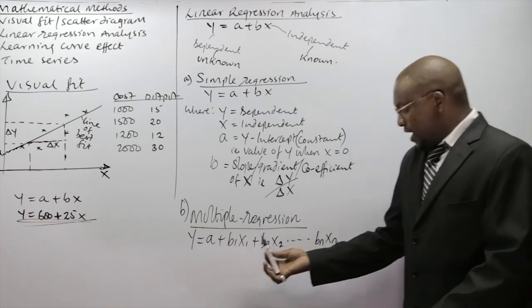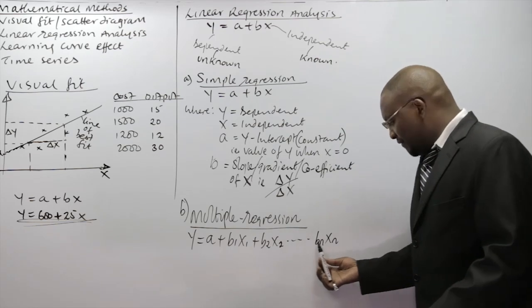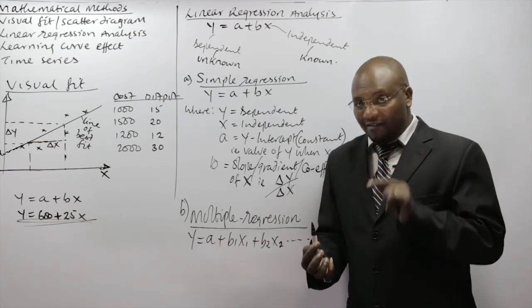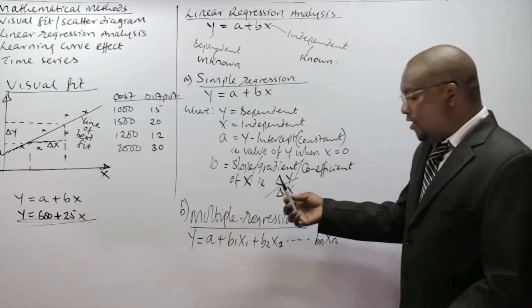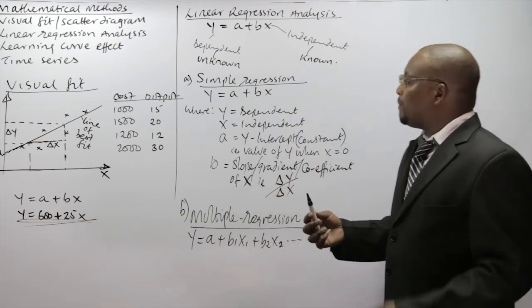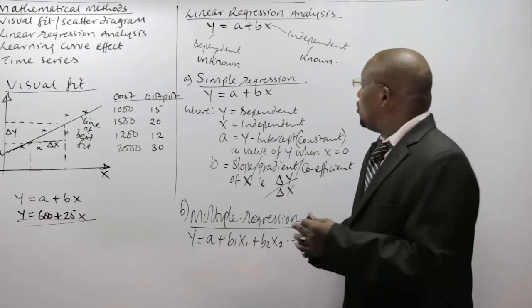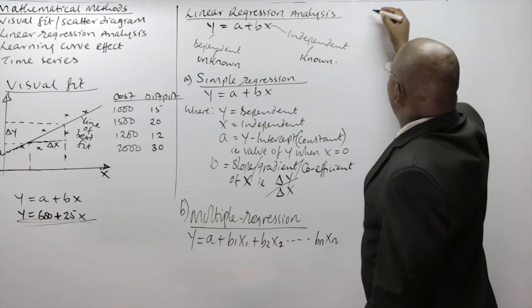So you see, we have x1, x2, and several up to xn. That means we are having more than one independent variable. That is what we call multiple regression. But this is where we have one independent variable. That is simple regression.